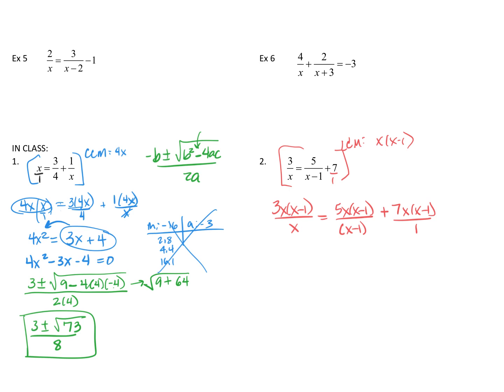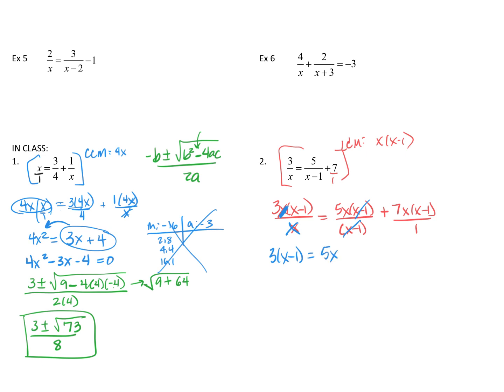Now let's see what we'll clean up, what we'll cancel out. Over here, the x's go away. Those go away. So now I have 3 times x minus 1 equals? 3x minus 1. Oh, minus 3. Yeah, but over here, I'm going on the right side real quick. The x minus 1's canceled. Do you see that? What's left over is the 5x.